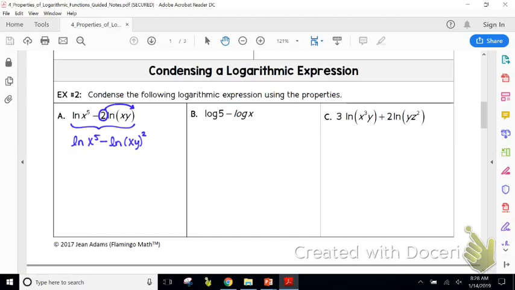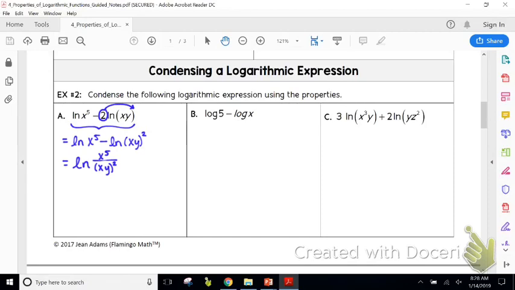All right, so what can we do now? Now I can go ahead and divide them. So when you divide them, you write the natural log one time, and it's the first divided by the second. Now I can simplify what's in that fraction, because I have an x on top and an x on bottom.